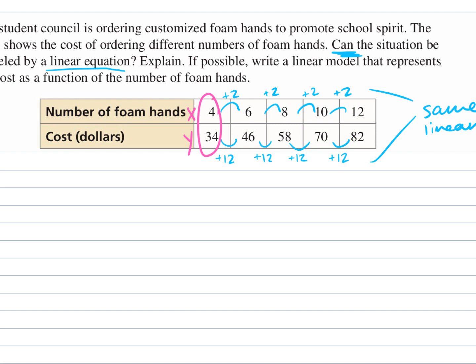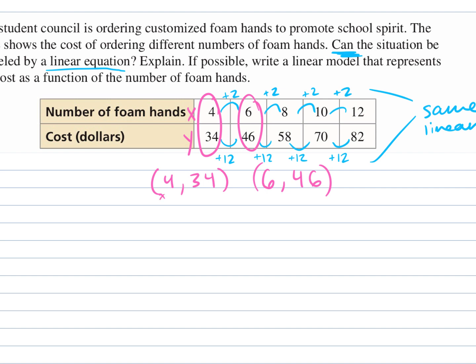So I'm going to pick an X and Y and an X and Y. If I make these points, it'd be 4, 34 and 6, 46. These are my 2 points. I have X1, Y1, X2, Y2. It has to go together. I couldn't just pick like 4 and 70 because when the number of foam hands is 4, it's $34. So you got to pick points that go together.